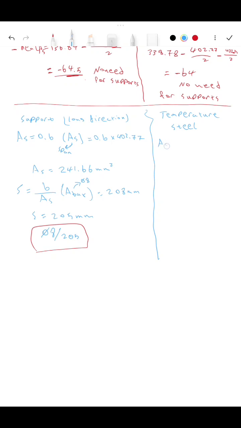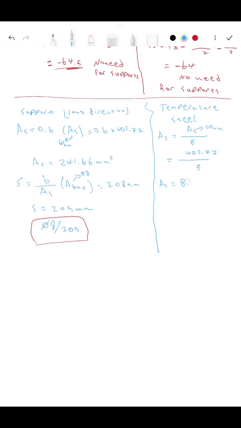So here the formula is area of steel equals 0.5 area of steel divided by 5, using the area of steel for the span again. So 402.77 divided by 5 equals 80.55 millimeter square.